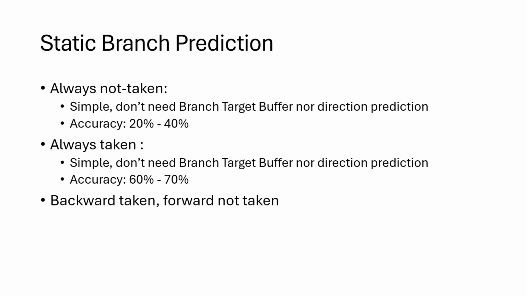On the other hand, always not taken means every time it encounters a branch, it will not jump. The reason always taken has much higher accuracy than always not taken is the loop. We have so many loops in our program, so if we always take, we can run the loop correctly. But if it is not taken, the accuracy is only 20% to 40%.